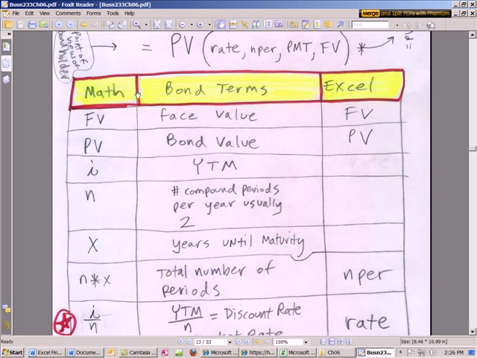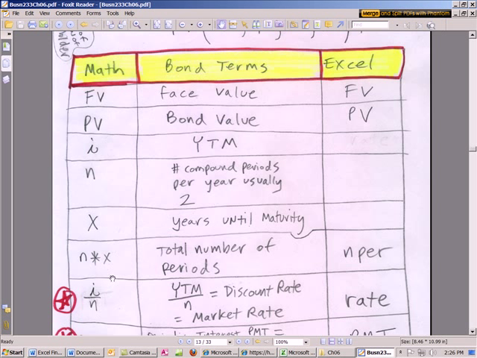Now here we go. Here are our math terms that we've used all the way through the last couple chapters, and the bond terms in Excel. From now on, the face value is the amount of the loan written in the contract. The bond value is always the present value of future cash flows.